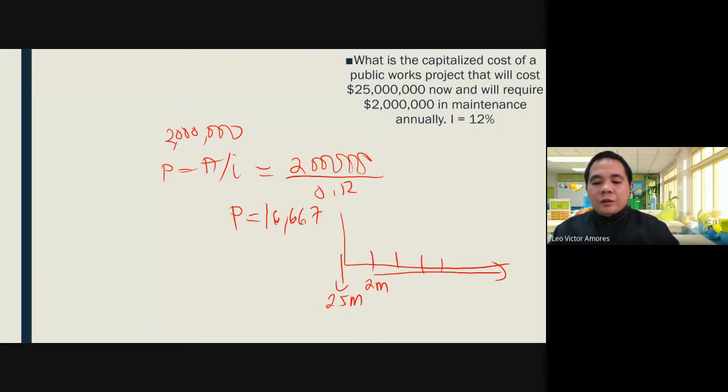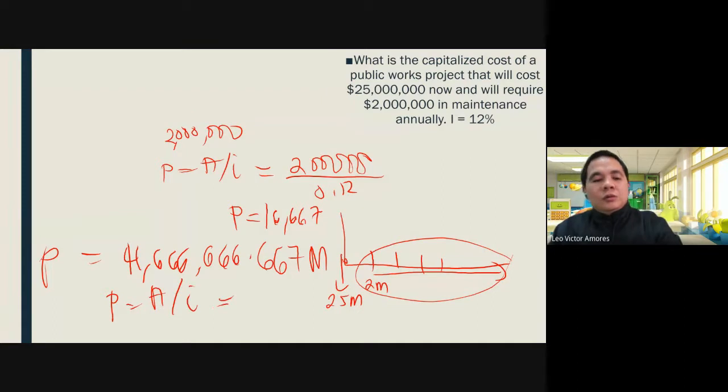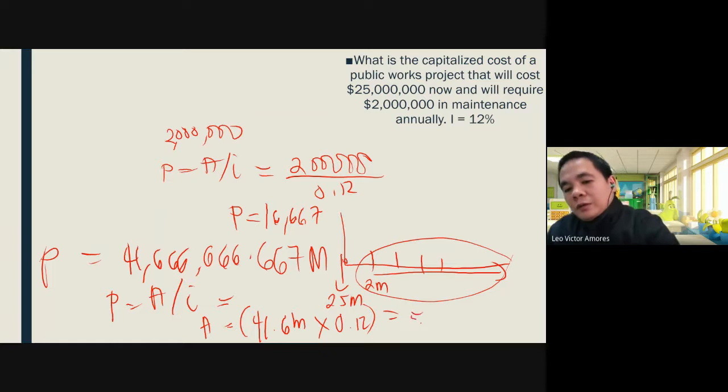You do not need to compute further because you already get it at year 0. That is 41.667 million. That is your present value. In getting the capitalized cost, that would be P is equal to A over I. So, your A is equal to 41.6 million multiplied by 0.12, your annuity conversion, that is 5 million annually.